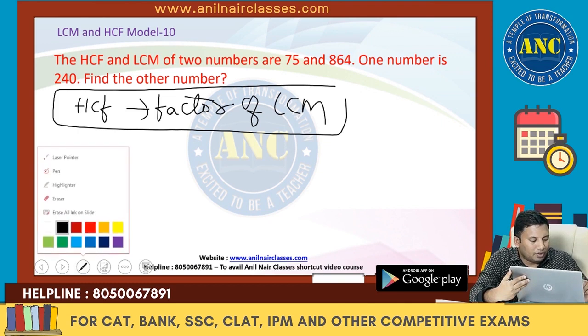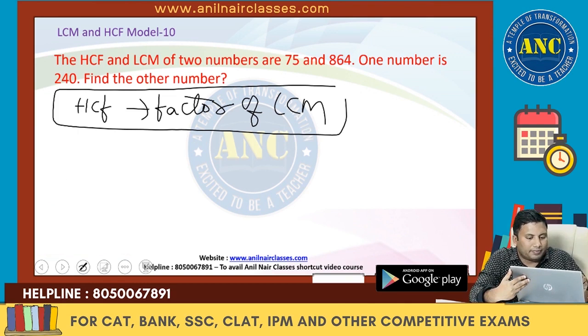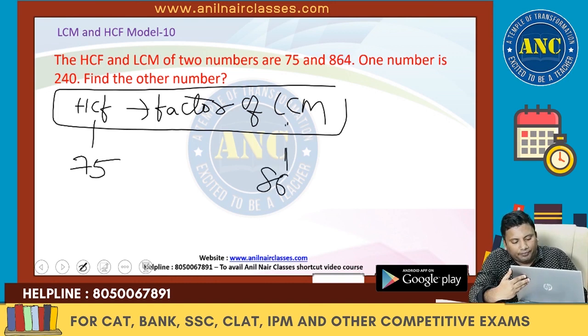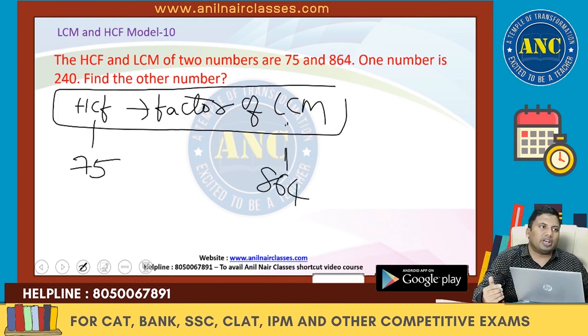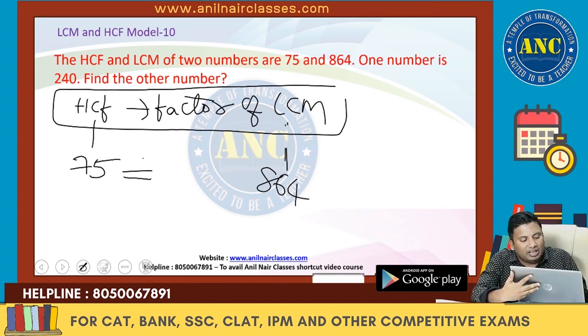The LCM is 864. First check whether 75 is a factor of 864. 864 is a multiple of 4, but no multiple of 4 is there in 75. So 75 is not a factor of 864.